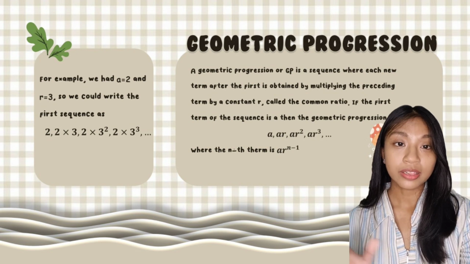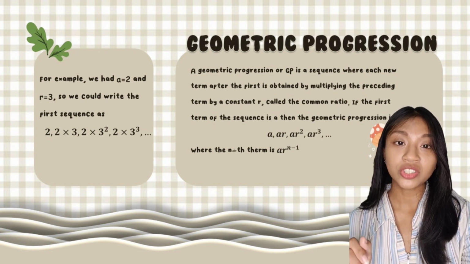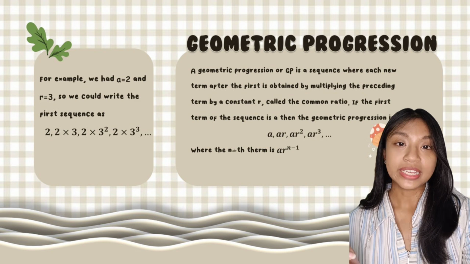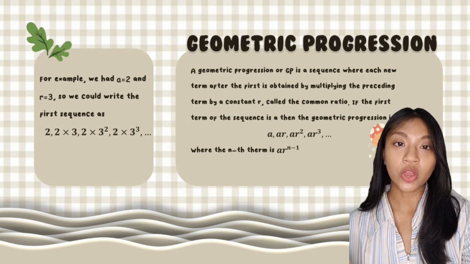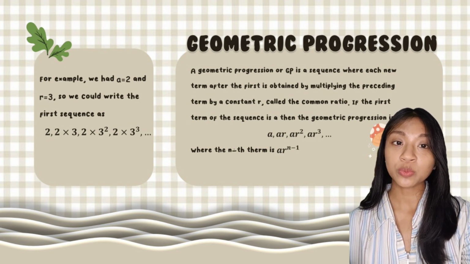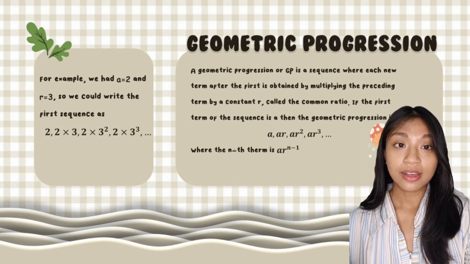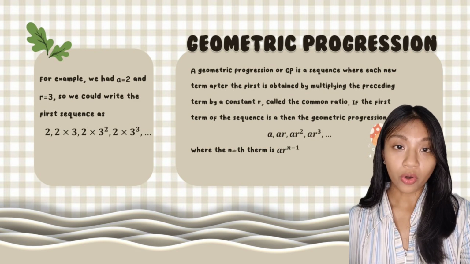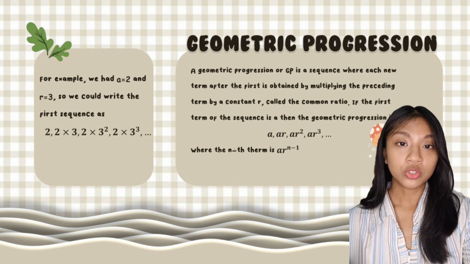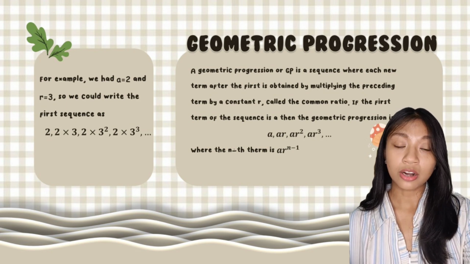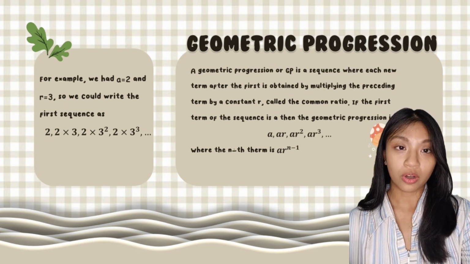So we shall let r be this common ratio. With this notation, the general geometric progression can be expressed as a, ar, ar^2, ar^3, and so forth.